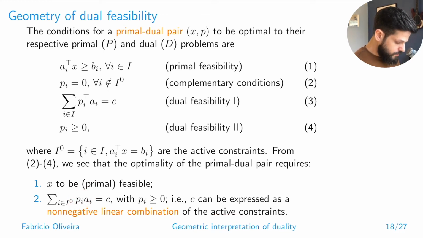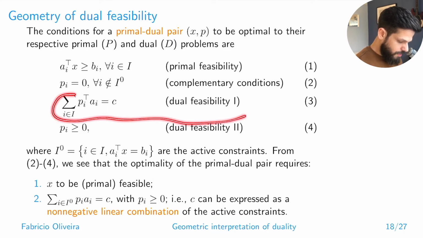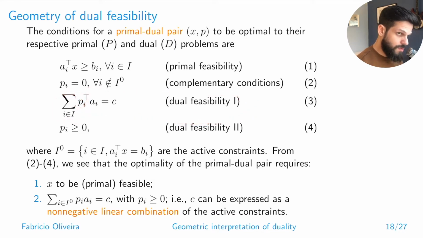Because this is the case for all constraints, and you know that these are 0 for the non-active constraints coming from this, when you combine these two plus this one here, what you get is the geometrical interpretation that we started with, basically saying that only active constraints have a role in defining the optimal solution.